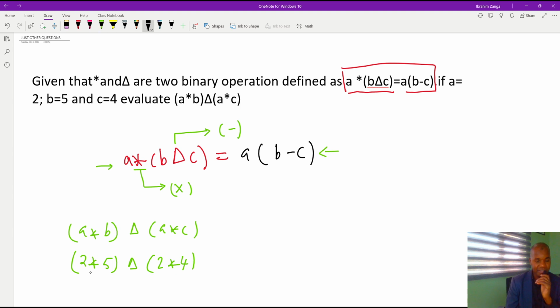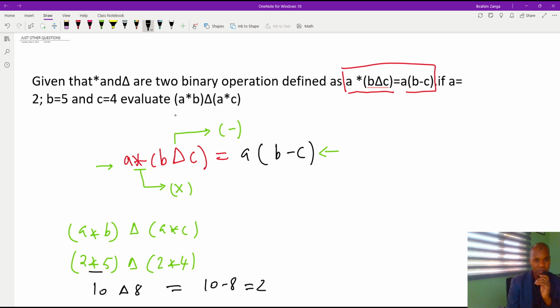The fact that star is already multiplication, so this is going to be 10 delta 8, which is equal actually to 10 minus 8, and eventually we get 2.